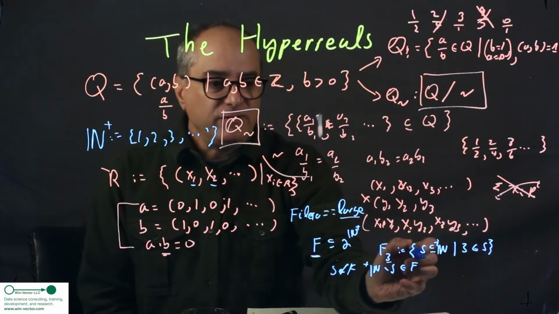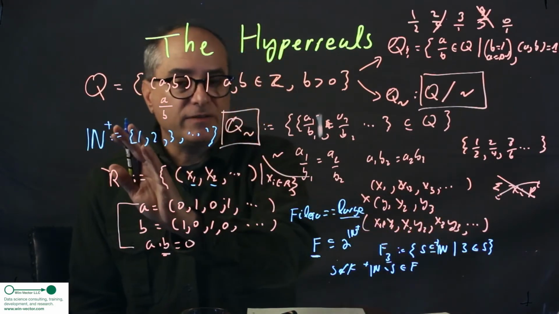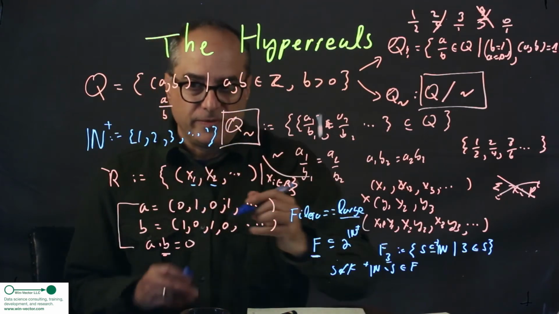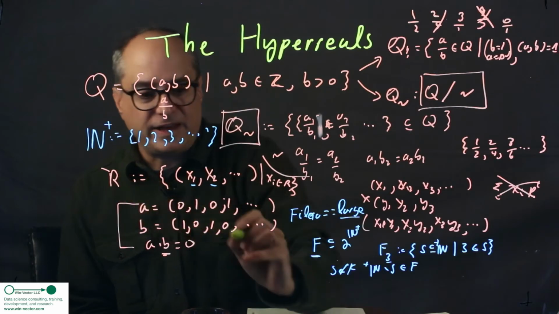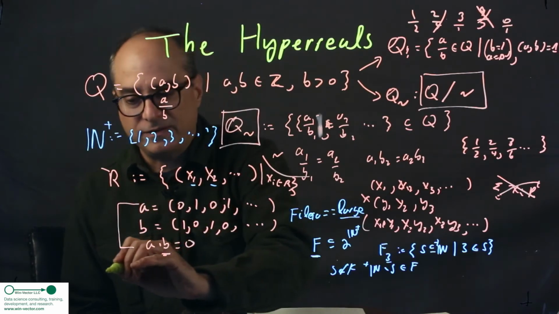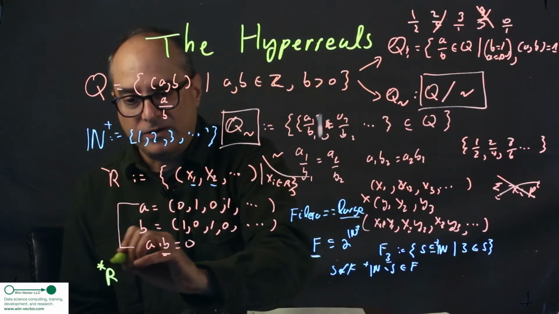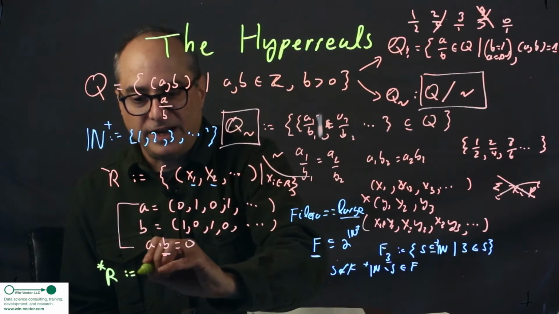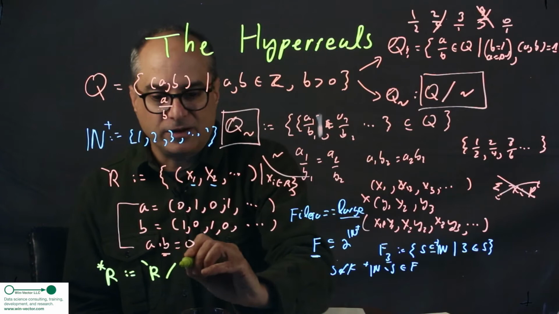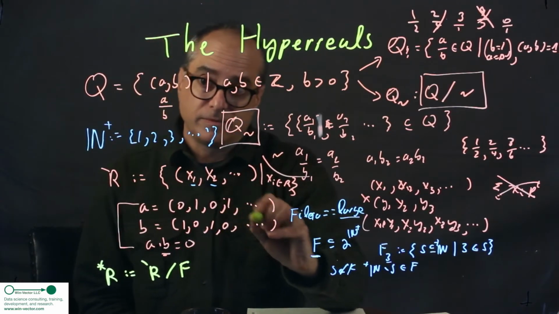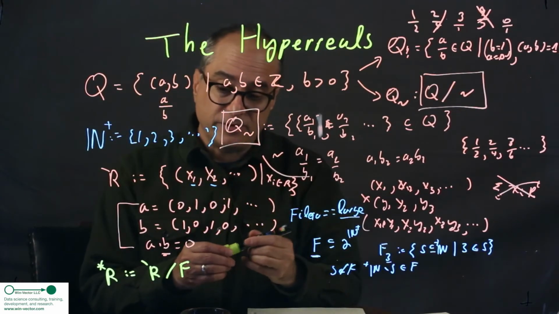So that gives us our filter, and this also gives us our hyperreals. The hyperreals are just defined as this set. Hyperreals are written as star R, and it's defined as this crazy set, or product set, R modulo an appropriate ultrafilter on the positive natural numbers.